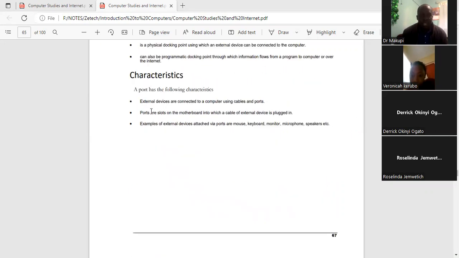The characteristic of these ports is that external devices connect to a computer, and normally they get attached using cables, or sometimes near-field communication such as Bluetooth or any other methodology, like when you are using a wireless mouse. So examples of external devices attached to ports are mouse, keyboard, monitors, microphones, and even speakers, and many others.